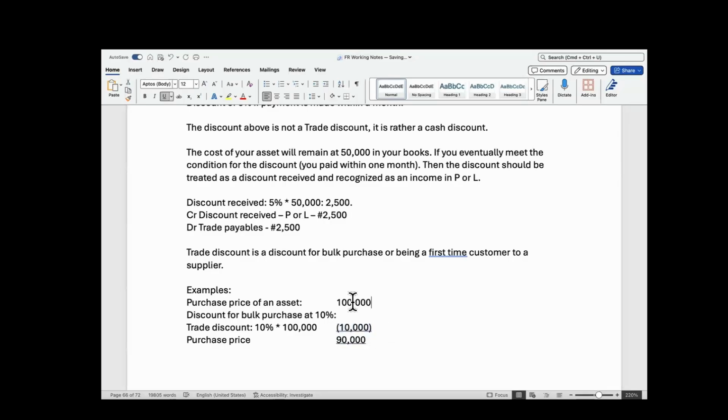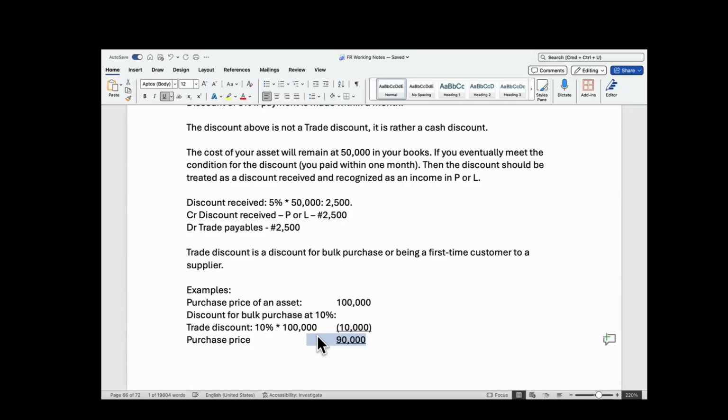This 90,000 is what will be on your invoice. The supplier would write it there. So the only place you can find a trade discount is on the invoice. You will not find it in the books of accounts because it's 90,000 you just enter into your books immediately. It's only on the invoice that the supplier gave you that you will know we were actually given a discount.